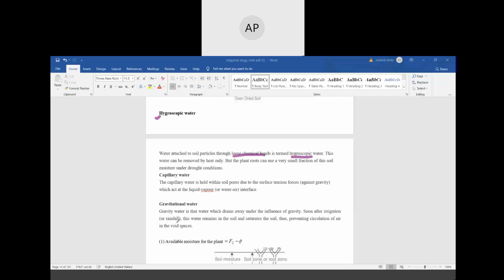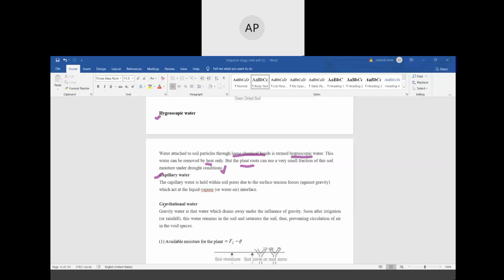Thus, water can be removed by heat only, but the plant roots can use a very small fraction of the soil moisture under drought condition. Okay? Capillary water. The capillary water is held within soil pores due to the surface tension forces against gravity, which act at the liquid vapor or air-water interface.